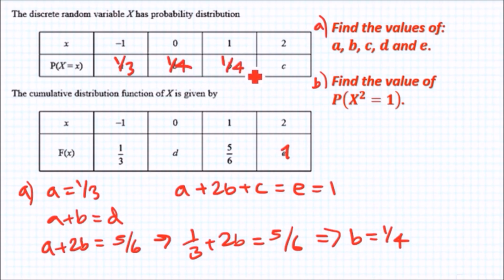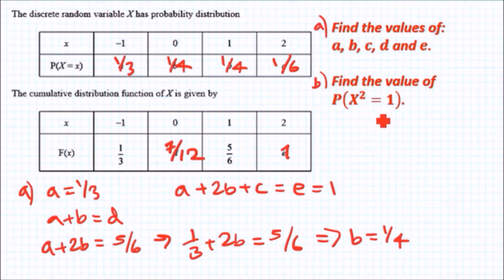That means this one's also 1/4. The sum including C must equal 1, so we subtract A and 2B from 1, and C gives us 1/6. Remember, the total is 1. And that leaves us with D, which is clearly the sum of the first two terms, a third and 1/4, which gives us 7/12.